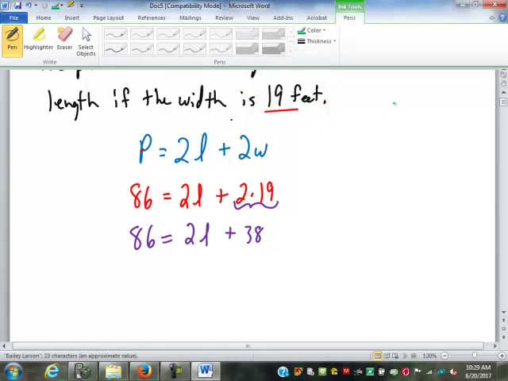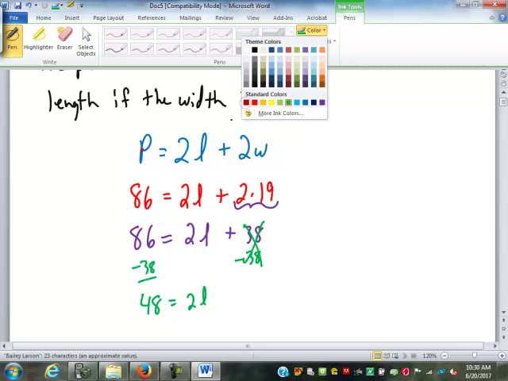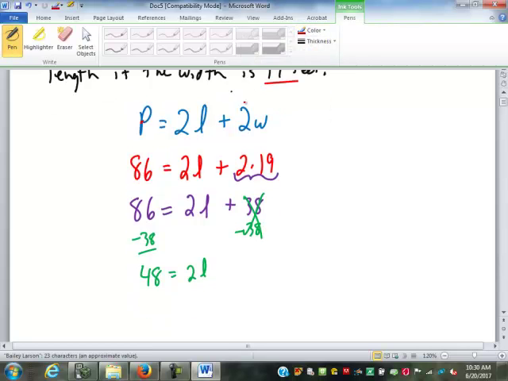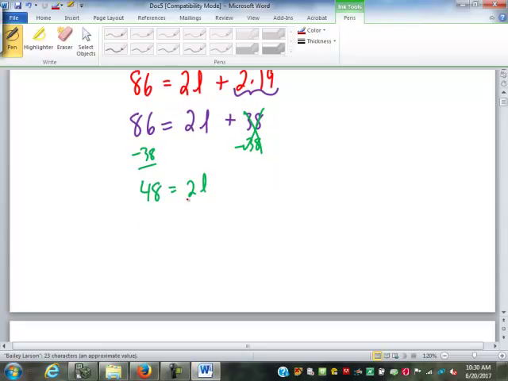We need to subtract 38 from either side. Yes, now we can start to solve by subtracting the 38. So we get 48 equals 2L. That 38's gone. And then divide by 2. So that's gone. 24 equals L. So we got a length of 24.